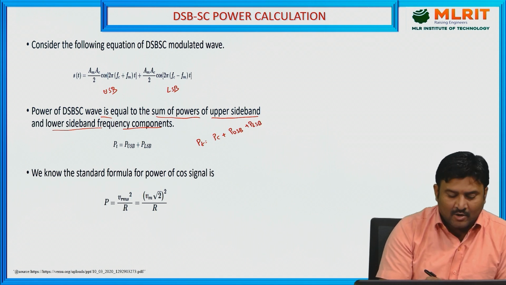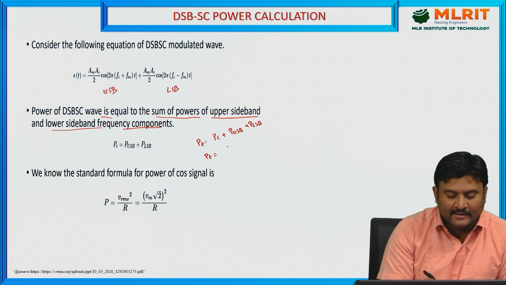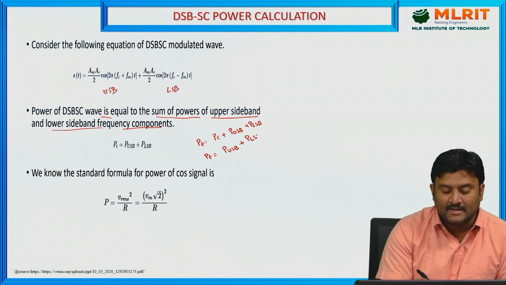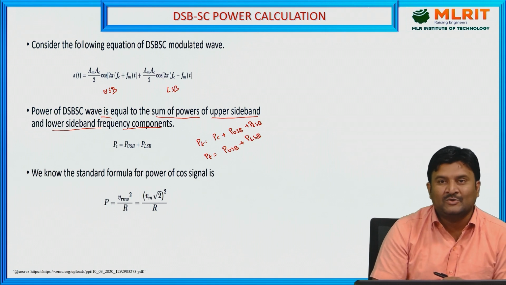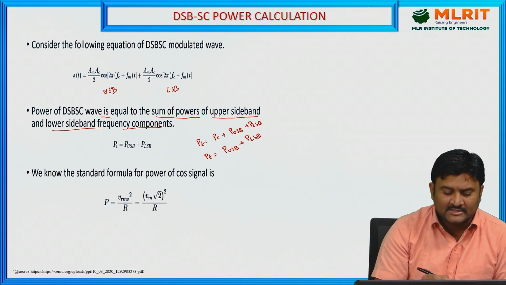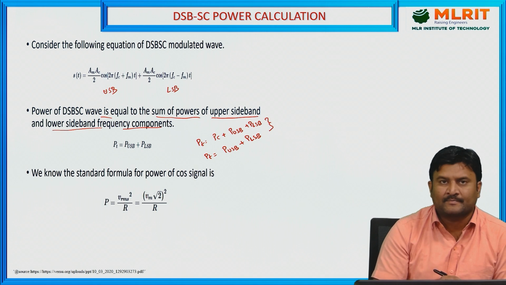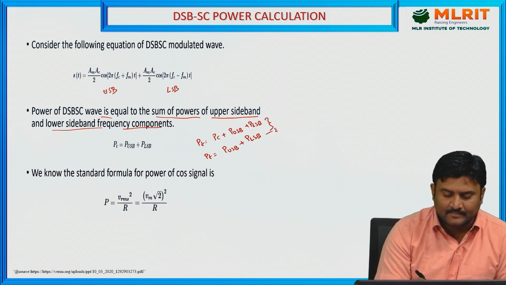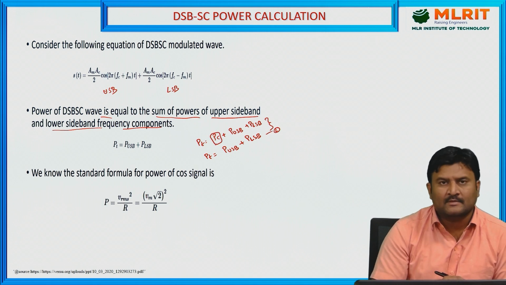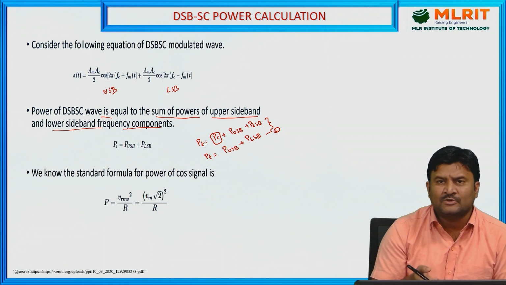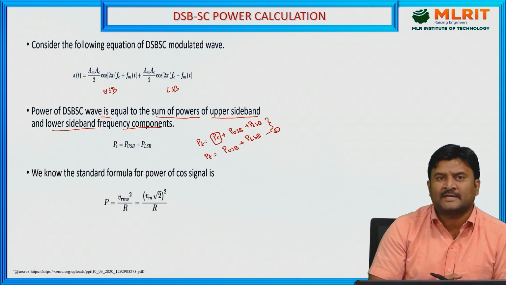But right now, the total power is equal to PUSB plus PLSB. Just compare these two. In the second case, there is no PC. The carrier is suppressed, that's why there is no carrier power in double sideband.